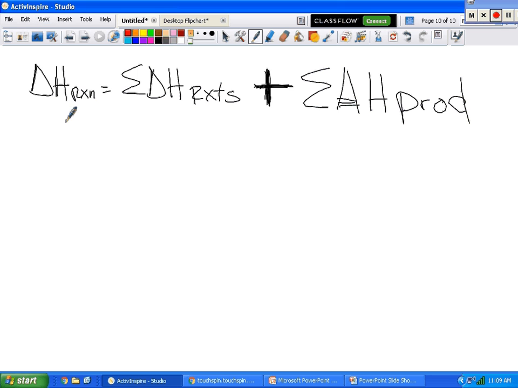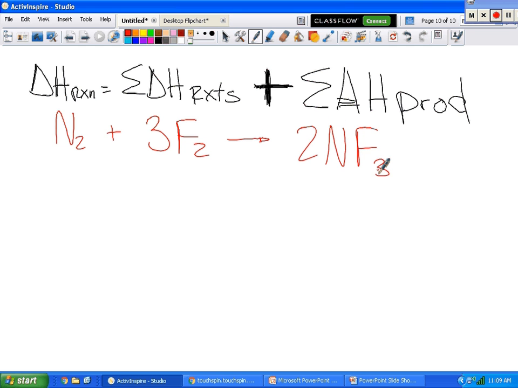So it was N2 plus 3 F2 goes to 2 NF3. Is that correct? Okay. Now, when we're doing bond energies, remember it's broken minus formed, is the way I like to think about it.